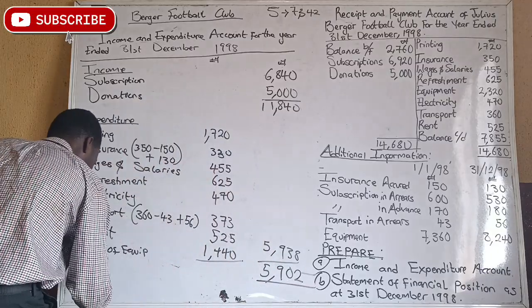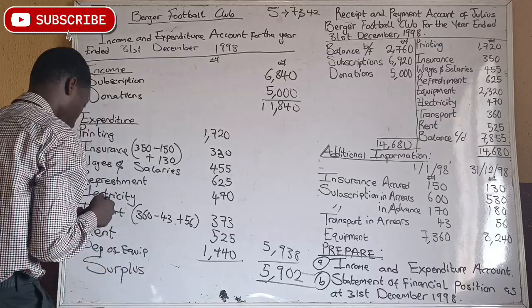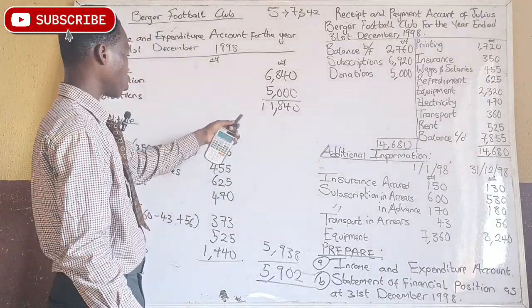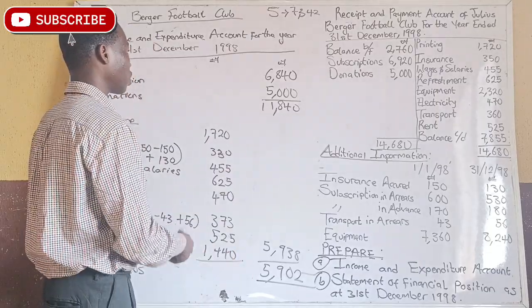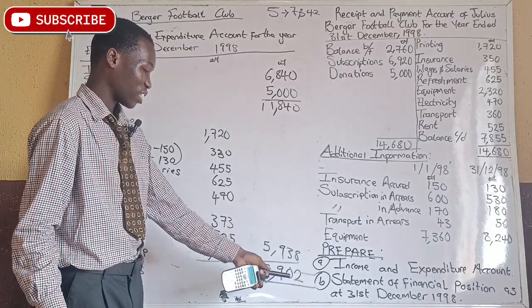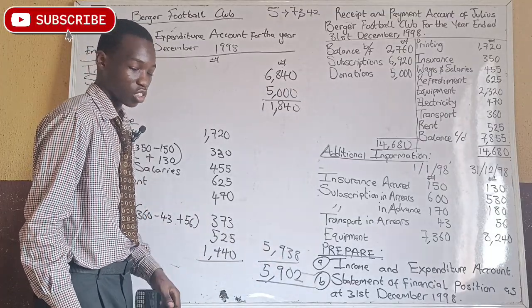So 5,902 represents surplus, the surplus of income over expenditure. That is, our income is higher than expenditure. So we have a surplus of income over expenditure. Now the surplus is 5,902. Then we'll move to the last part, which is the statement of financial position.